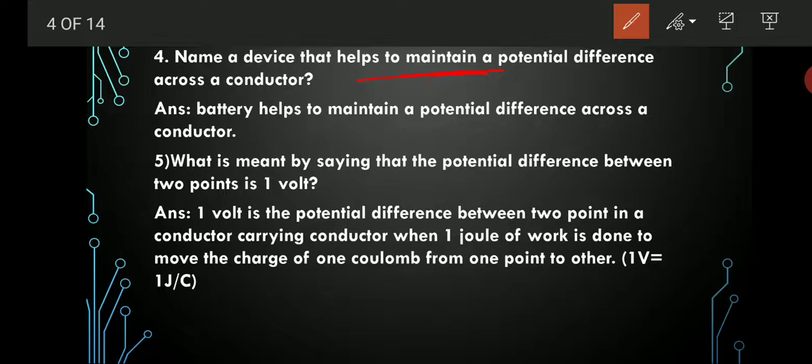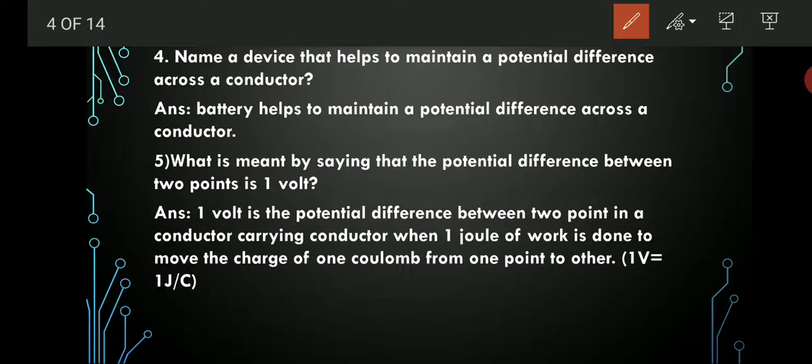Here, which device maintains a potential difference? It is a battery. A battery is a group of cells that maintains a potential difference by supplying continuous energy to the circuit. Okay, next, move on to the fifth one.